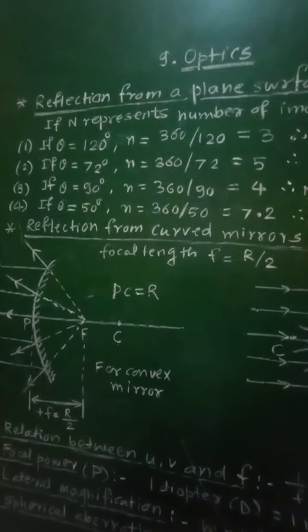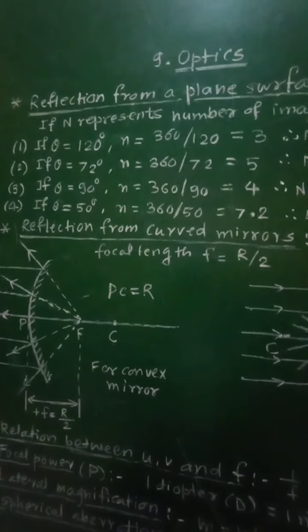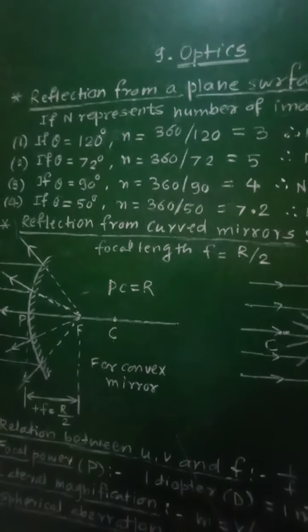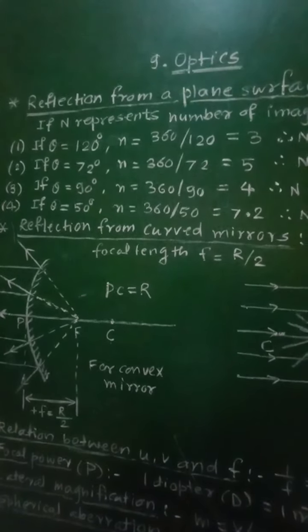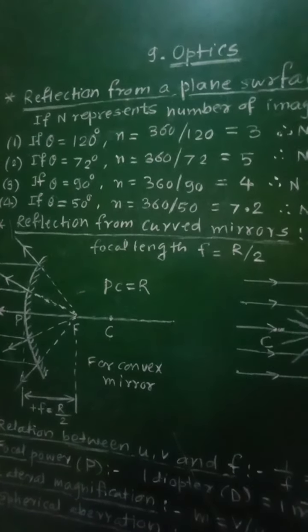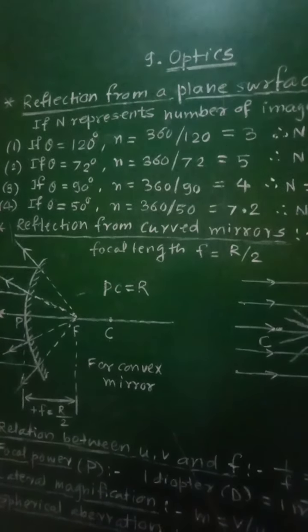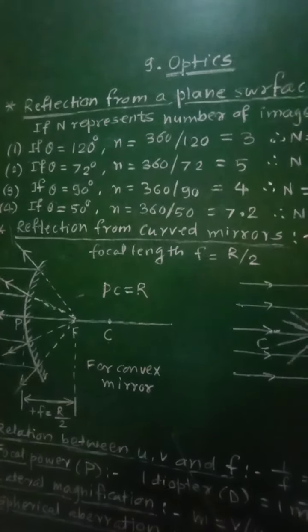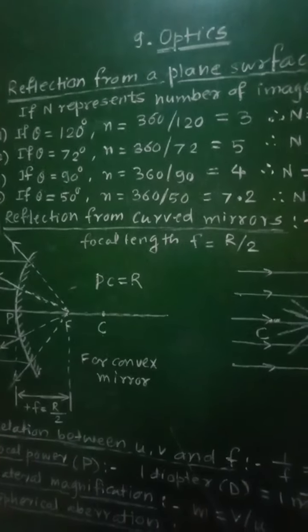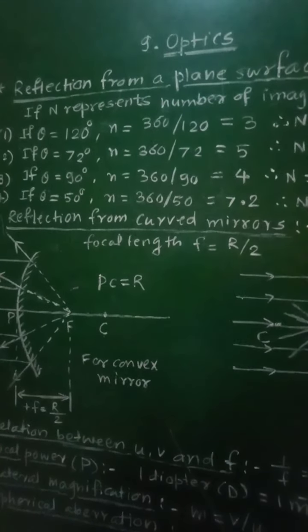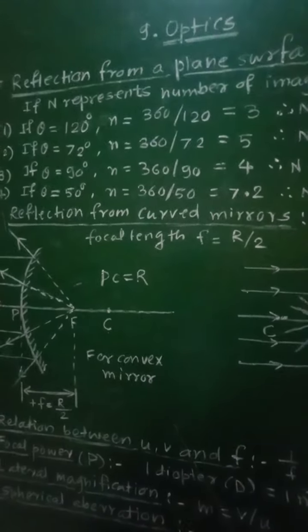First one is, if the object is in front of a plane reflecting surface like a plane mirror, the image is virtual and laterally inverted.